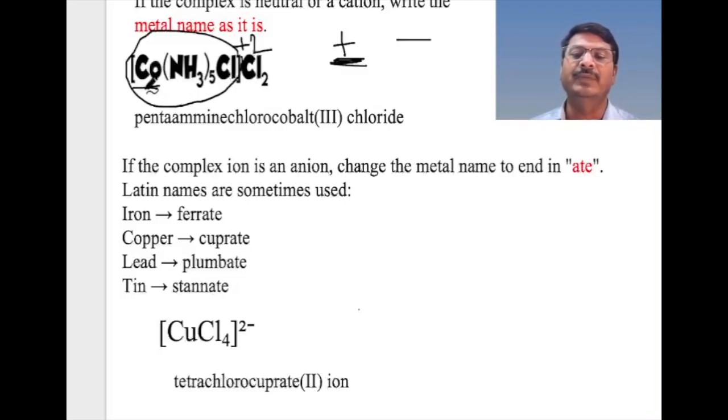Here it has cobalt, so you write cobalt only. If it is copper, you write copper. If it is iron, you write iron. So if a positive charge complex is there, you write the metal name as it is.